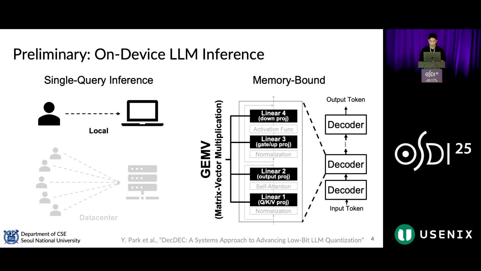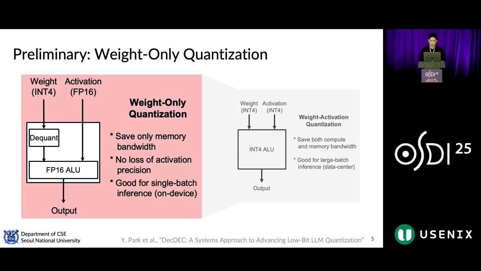Because of this characteristic, on-device LLM inference is highly memory-bound. This is because every linear layer in the model is reduced to matrix-vector multiplication, or GEMV. For this reason, for on-device LLM inference, quantization needs to be done differently. Different from traditional practice where both weights and activations are quantized to leverage low precision compute, on-device LLMs often use weight-only quantization.